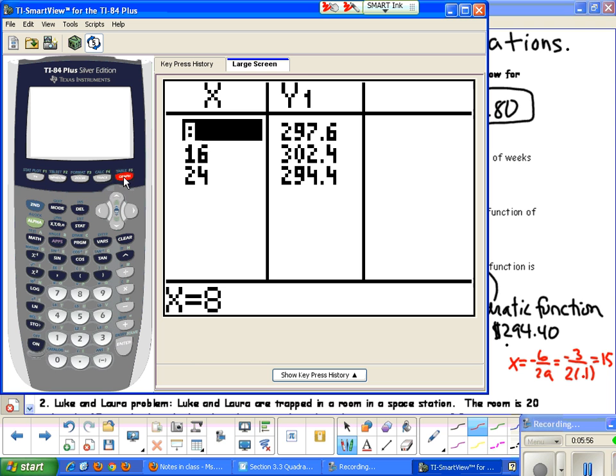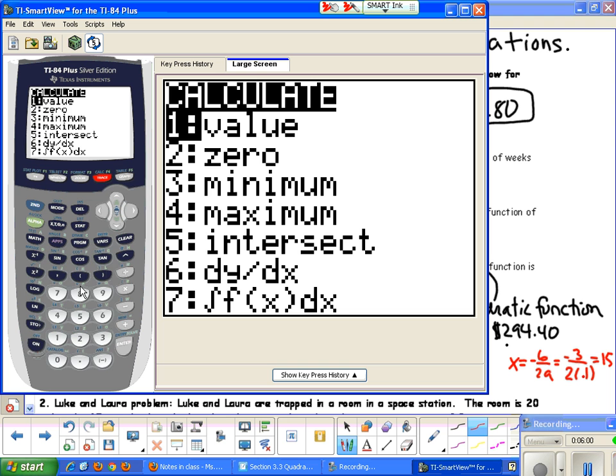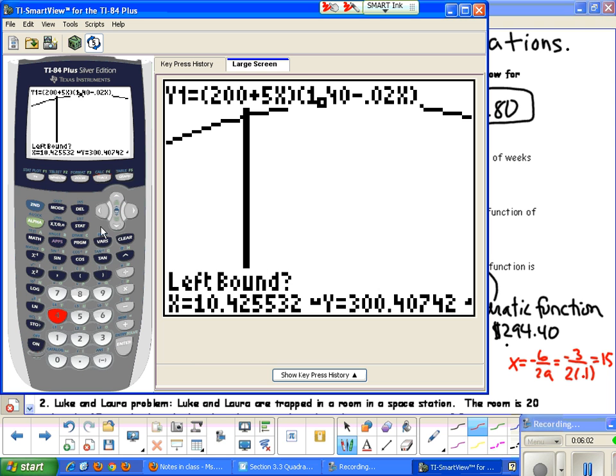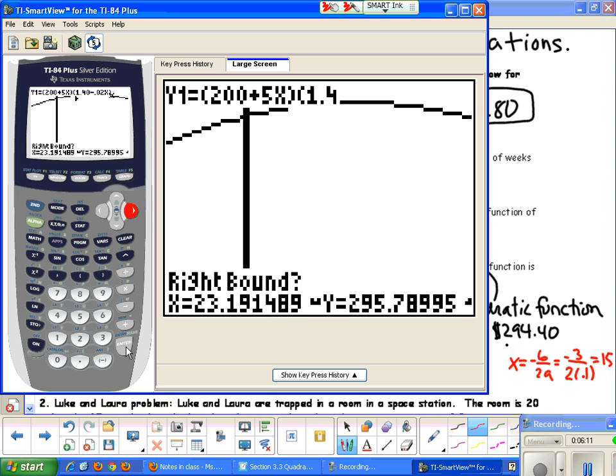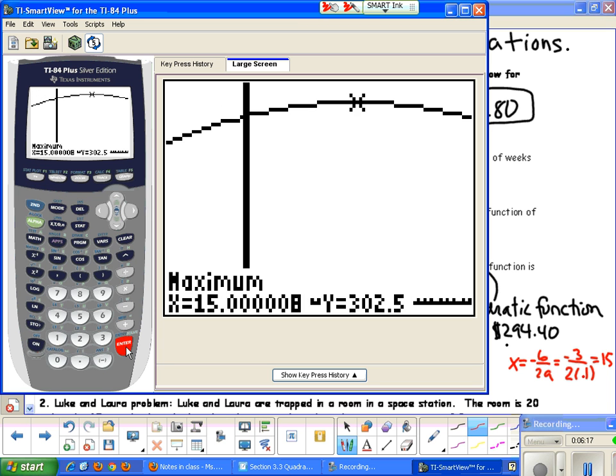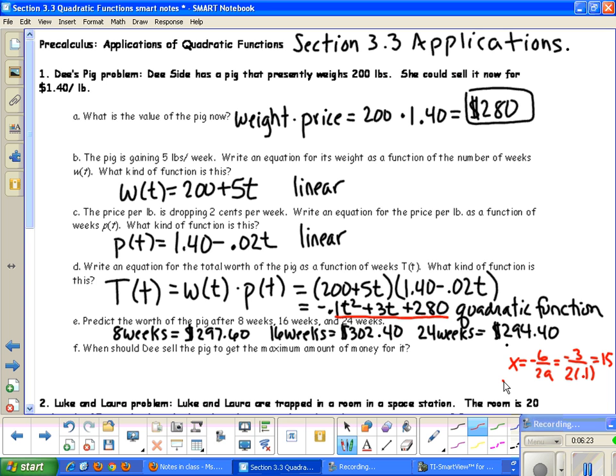So 2nd Trace is what I want to do, and we're calculating a maximum. So something to the left of where I think the maximum is, and then something to the right. Could be somewhere over here. Enter. Oops, went a little too far. Then enter and guess. And our maximum is at 15, 302.5.